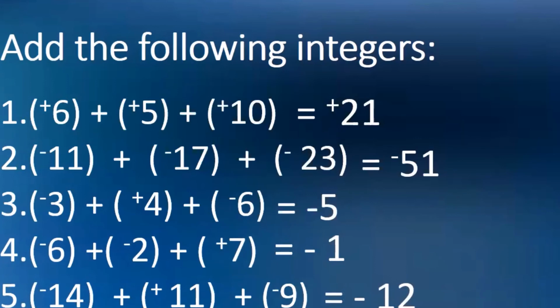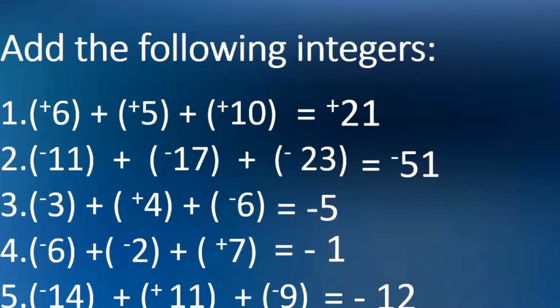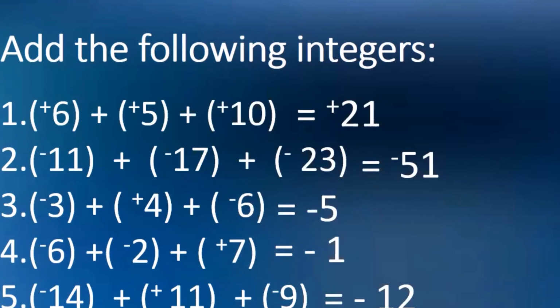So I hope it is now very clear how we add integers. We can use chips. It is up to us to decide which color, red or yellow, to represent the positive and negative numbers. Or we can use a number line, where positive is going to the right and negative is going to the left, and where we end up is the answer.